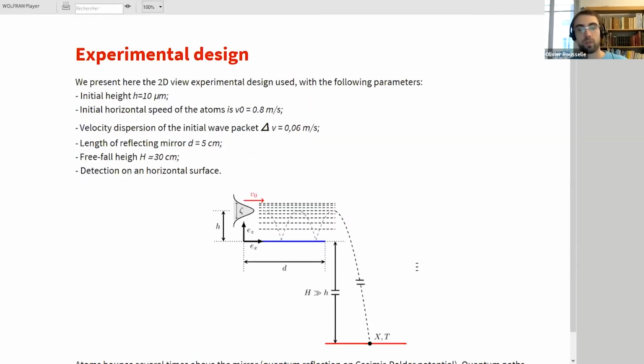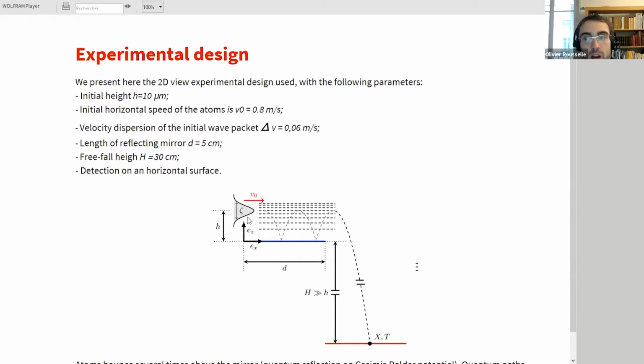So here is the experimental design. This is the 2D view of the experiment. Normally it's in 3D, with a cylindrical symmetry, but here it's a 2D view for simplicity, in the X and Z axes.